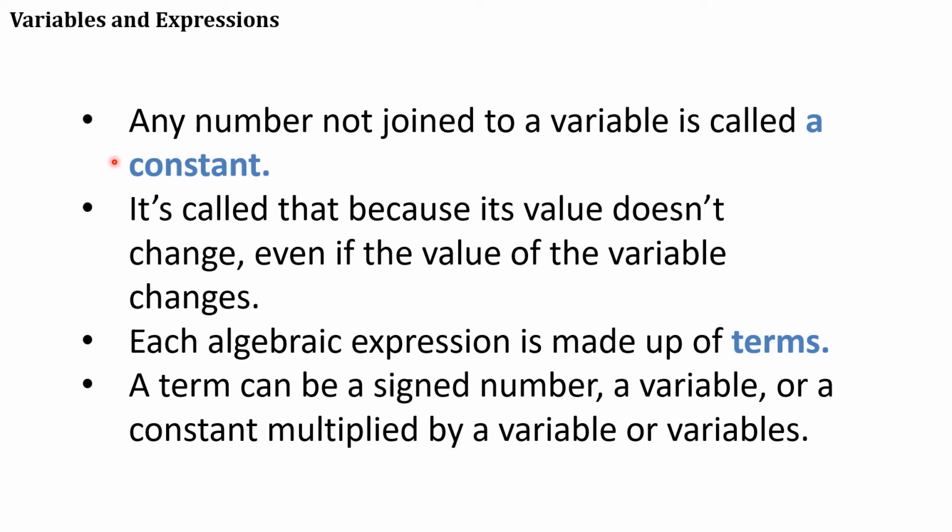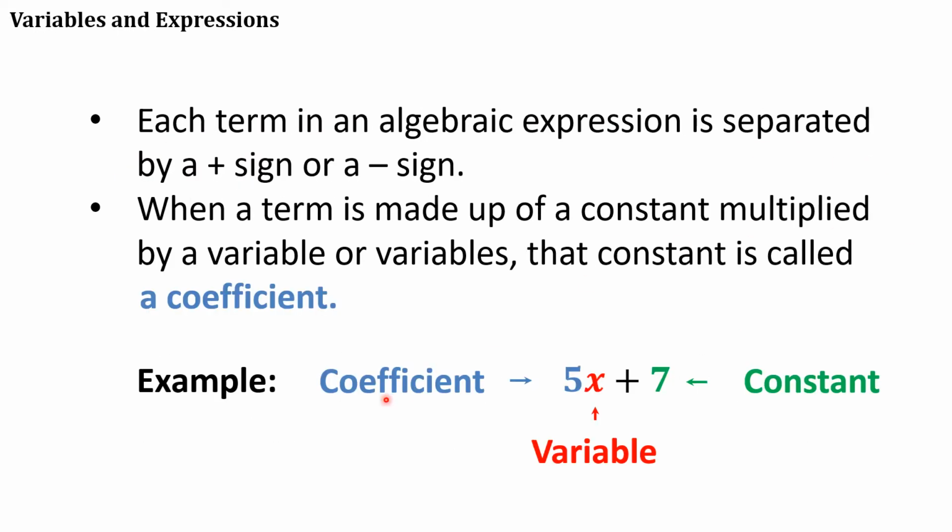When a term is made of a constant multiplied by variables, that constant is called a coefficient, and I'm going to show you that in the next slide. As you can see here, the coefficient is that little number multiplying the variable, and the constant is separated from that variable.